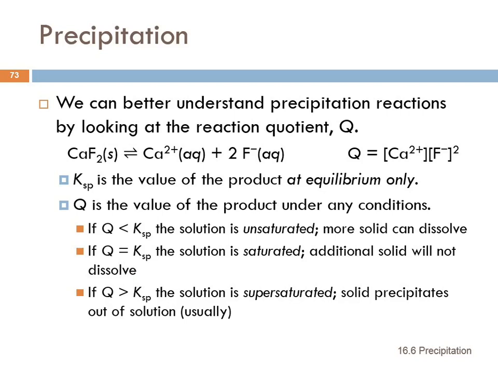If you add more solid, it will not dissolve. The solution's full. If Q is greater than KSP, the solution is supersaturated, and a solid will precipitate out of solution, usually. There are things like sodium acetate that take a little bit of nudging for that to happen.